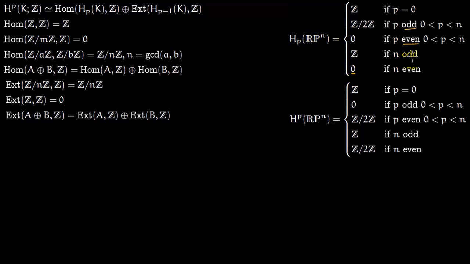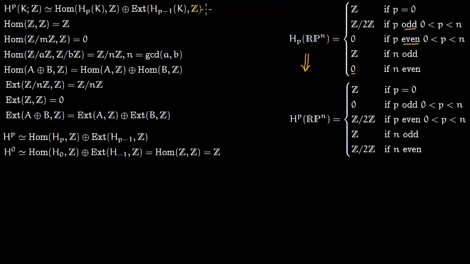If this n is odd, then the homology would be integers. So from here we want to imply this cohomology here, which we will compute using this formula. So this is given to us, and we have computed the homology of RP^n using cellular complex or CW complex before.